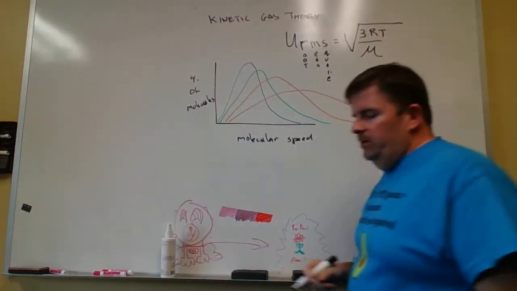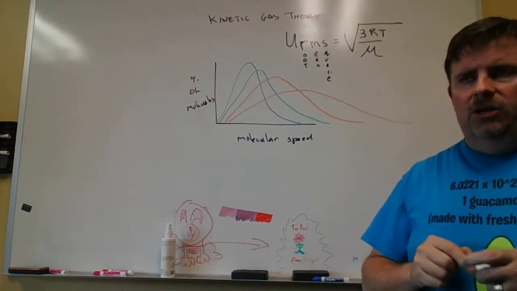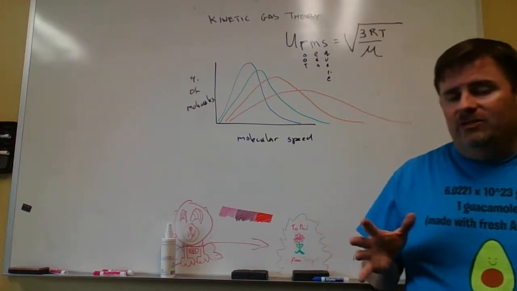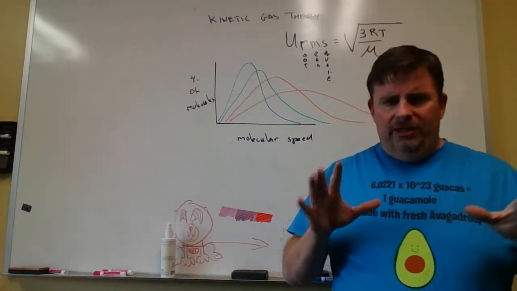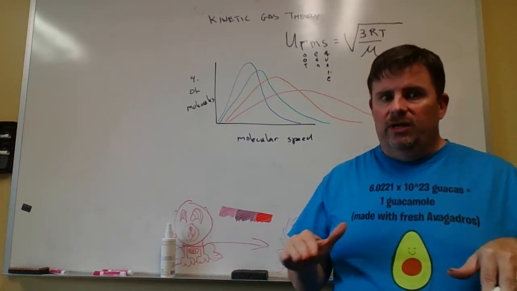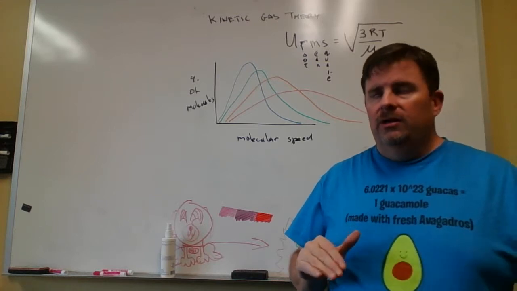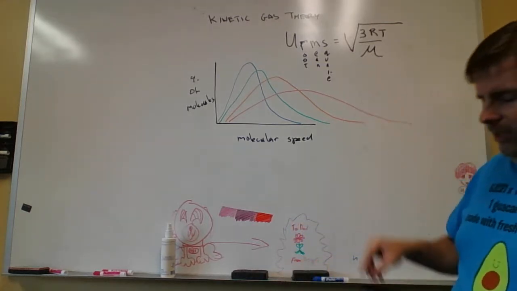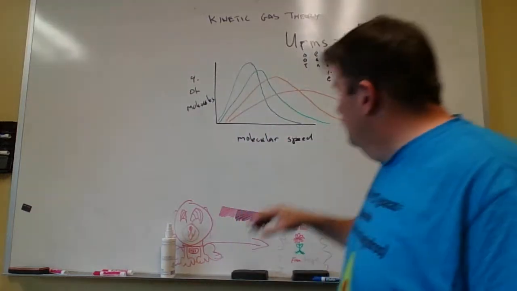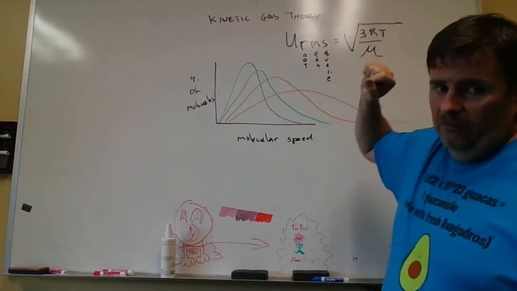The u here is representative of the average kinetic energy associated with things. It's a little bit different than the average speed when you actually calculate average speeds, but the RMS speed sort of smooths everything out. It keeps negatives from throwing your values off when you get into average values. Because with the 3RT here, I'm taking the square root of the average squared speed of the molecules.